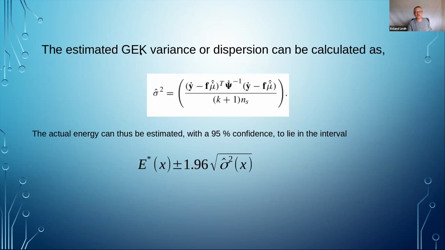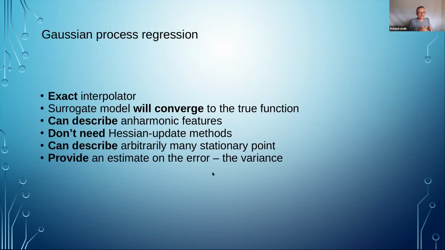The gradient enhanced Kriging also had this property that was lacking in conventional second order procedures, and it is we can compute the variance or the dispersion. We can see how confident we can be in the result that the surrogate model suggests. And we typically look at, in our case, where we have 95% confidence in the energy, or that the energy has this variance. So let me just summarize the Gaussian process regression properties. First of all, it's an exact interpolator.